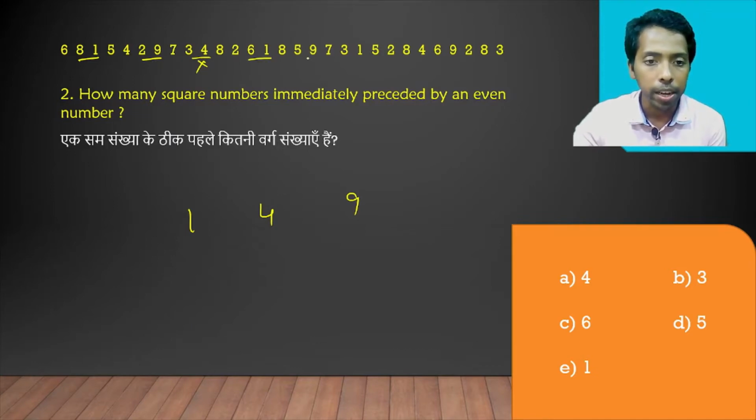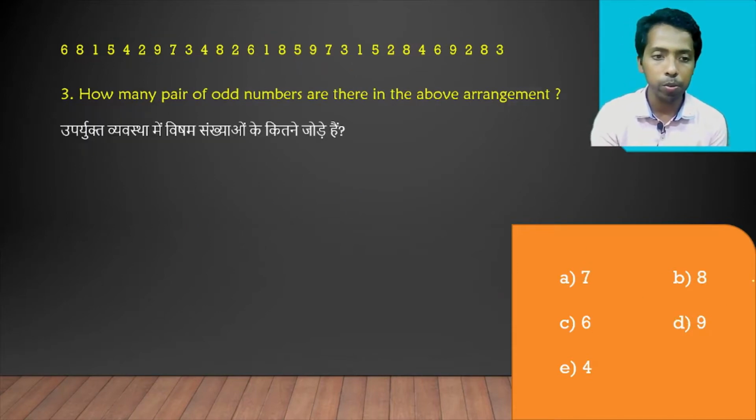This is cancelled, this is again cancelled, this is good. So 1 2 3 4 and this is 5. So 5 are there: 8 1, 2 9, 6 1, 8 4, 6 9. So 5 sets are there. Option D.